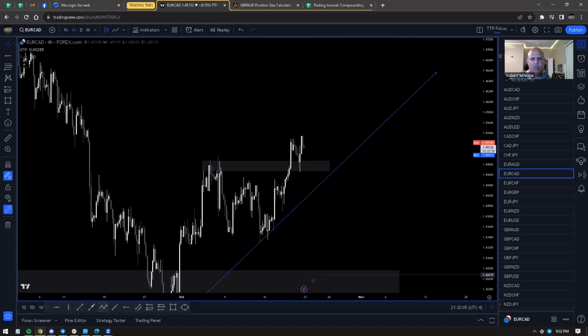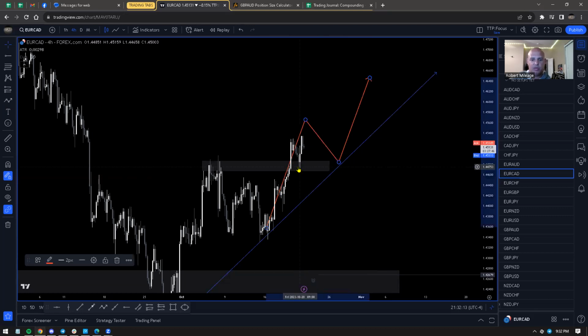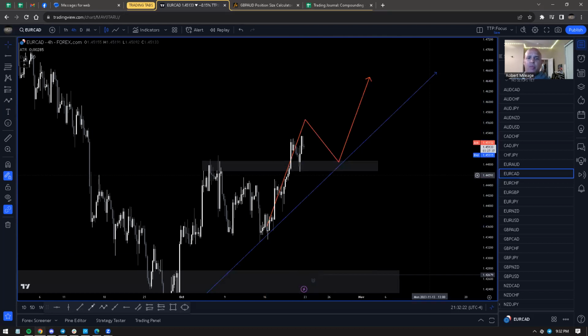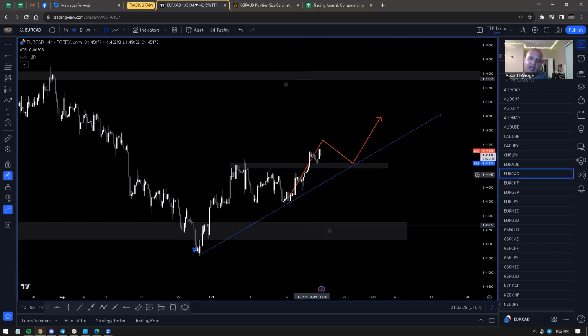I would rather see a little bit more push before coming back here and giving a break and retest. We did get into that one on Friday. That would have been a nice small little push if you were getting into that. Could have hit targets if you got in on the lower time frame. But as it sits right now, I think that is what I'll look for here. I want it to come up a little bit more before falling down and coming back into this zone here. That looks pretty good.